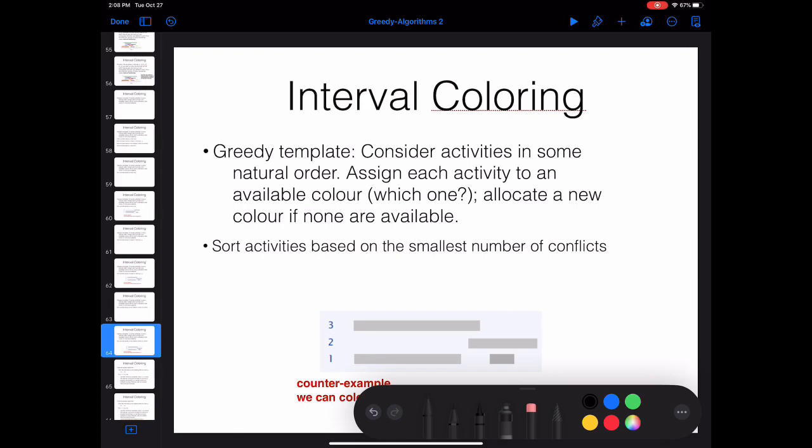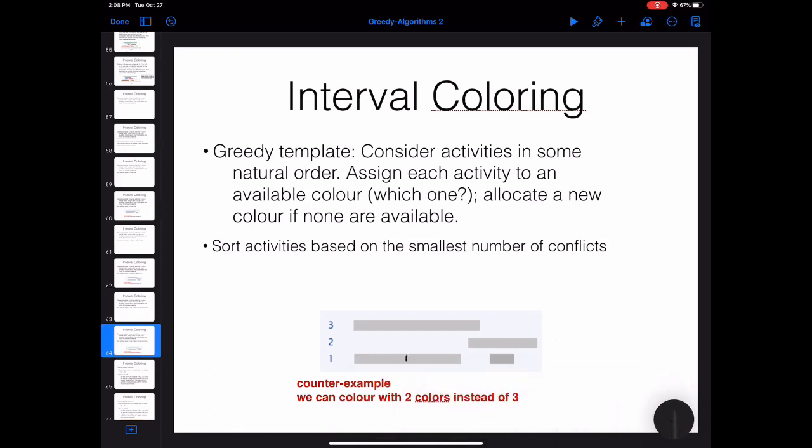This one is going to have conflict with just one other. This one is going to have conflict with just one other job. This one is going to have conflict with two jobs, and this one is going to have conflict with two jobs. So the first one is going to be either this one or this one, then this one and this one. Okay, so let's color them.